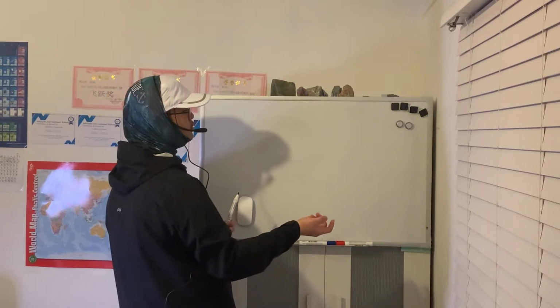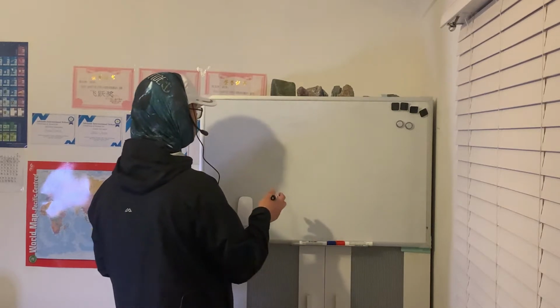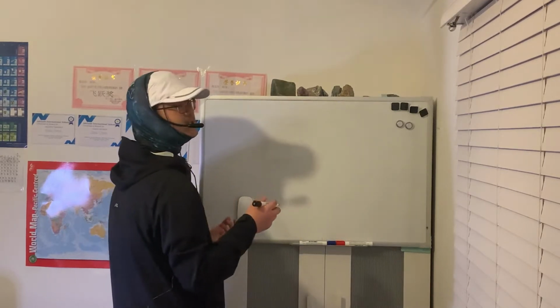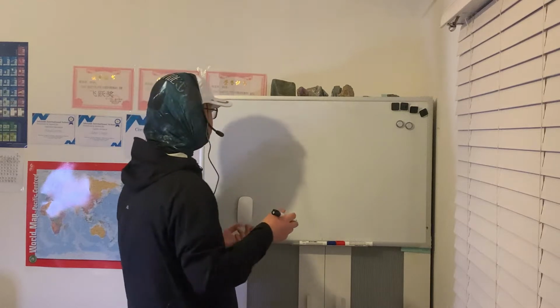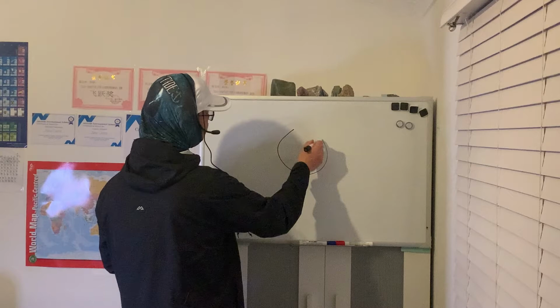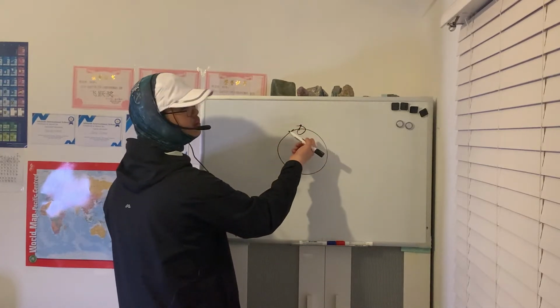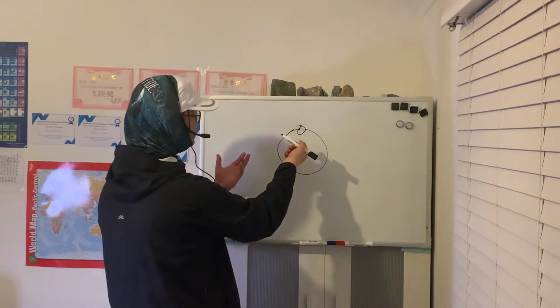The metal in the wire is mostly copper. So copper is a group 11 metal. So it has 1 outer shell electron, which is very unstable. It wants to lose it.